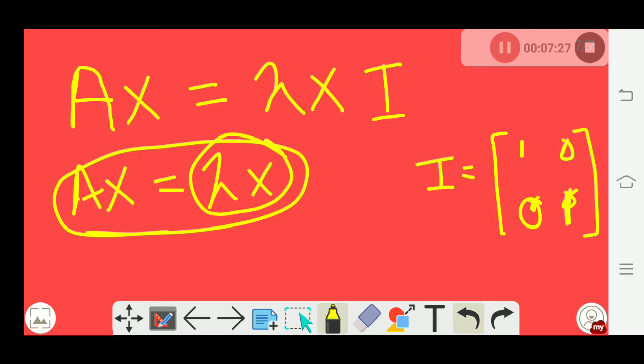Obviously the dimension should be the same. I have assumed here that X is 2-dimensional. If it is 3-dimensional, the identity matrix should be 3-dimensional, and so on.